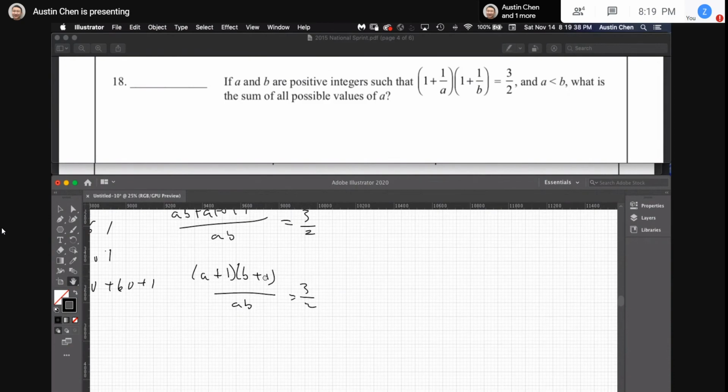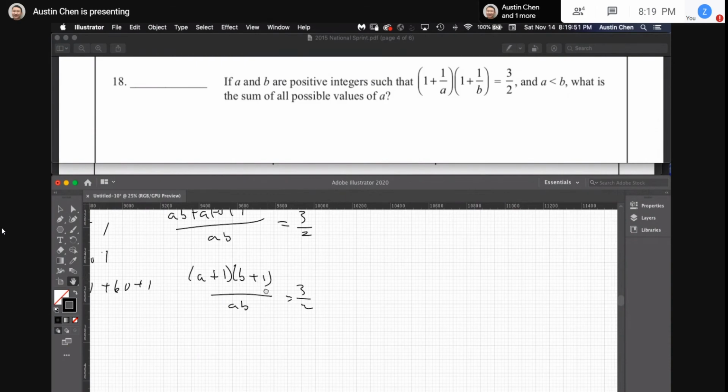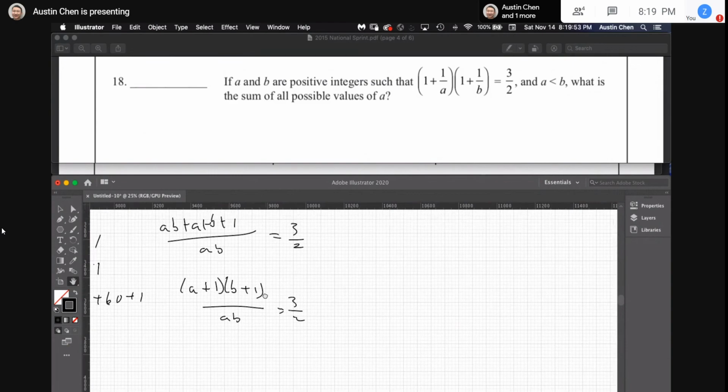So if you got to this point on the test, you might just want to go ahead and utilize this, so as not to waste too much time trying to look for better methods. But there is a better method.